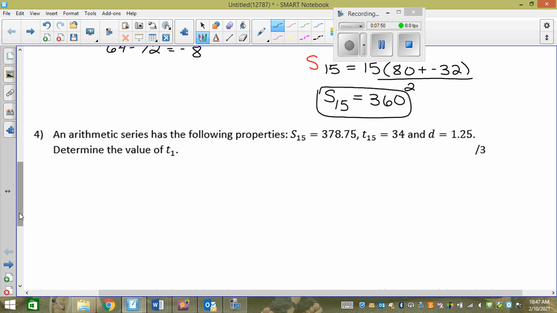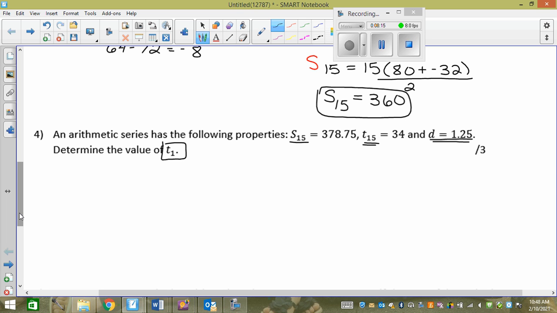It's going to happen. Okay, all right, number 4. An arithmetic series has the following properties: S15, T15, d equals 1.25. So what did they give us? They want term 1. They gave us the sum of the 15. They gave us term 15, so that's the last term of that sum, right? They technically gave us Tn. They gave us d. They want T1. What formula could we use?